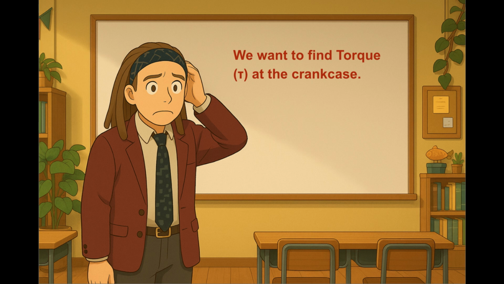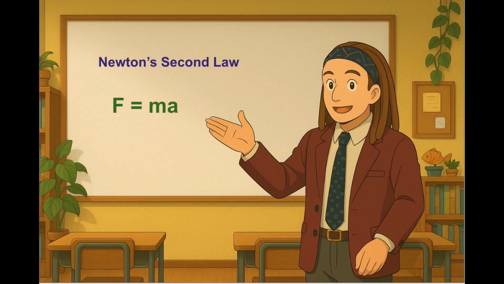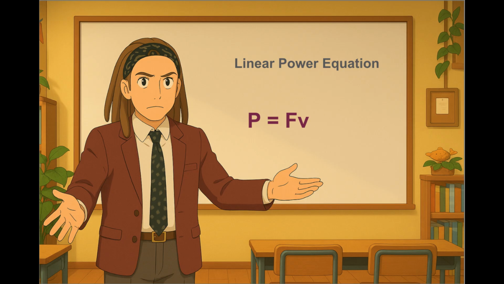To solve this, we'll use a few fundamental physics principles and equations. Newton's second law: force equals mass times acceleration, F equals ma. This will help us find the net force required to accelerate the car. Power, linear: power equals force times velocity, P equals Fv. This will give us the power delivered to the wheels.